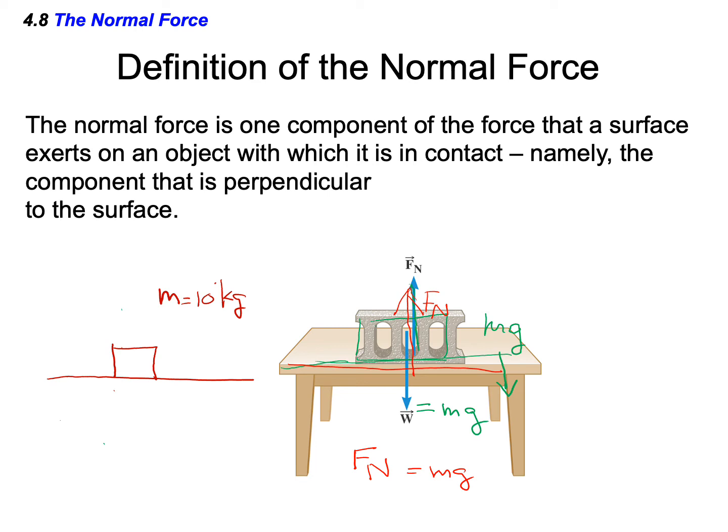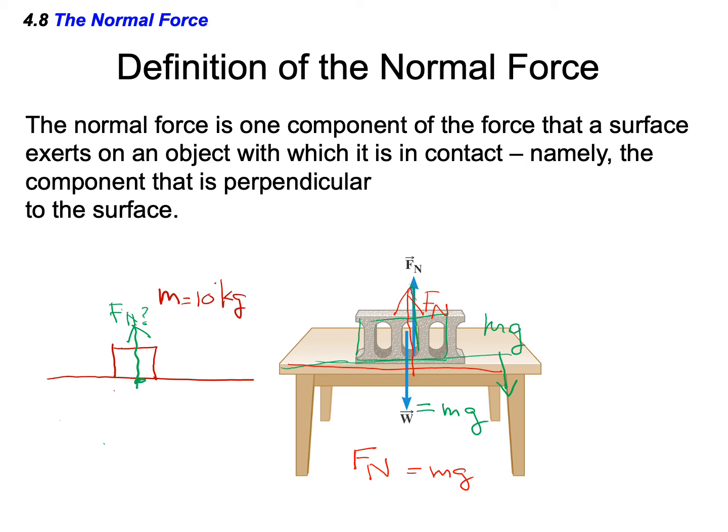So we know the normal force is perpendicular to the surface, and I can write Fn. And if I ask what is the magnitude of the normal force, we know that it has a mass, therefore it has a weight.